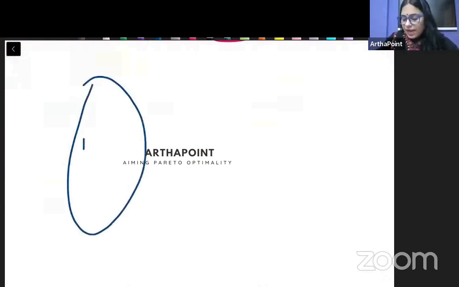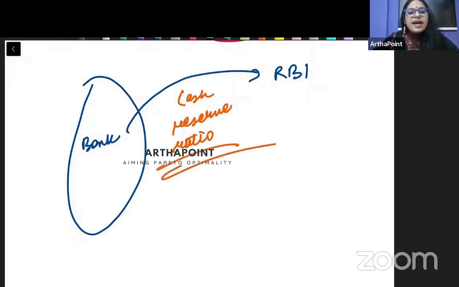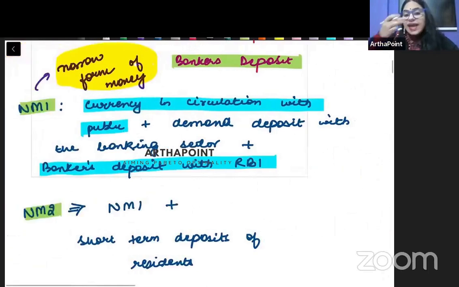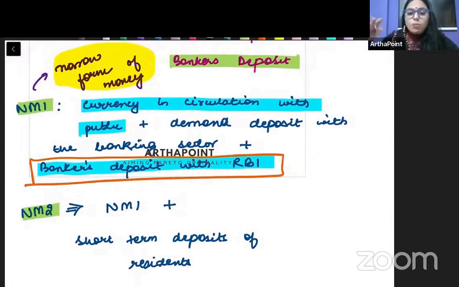If I have a bank, then the bank will deposit money with RBI in the form of cash reserve ratio. Bank will deposit money with RBI, the CRR. So that comes here in bankers' deposit with RBI. जो भी पैसा bank RBI के पास deposit करता है.